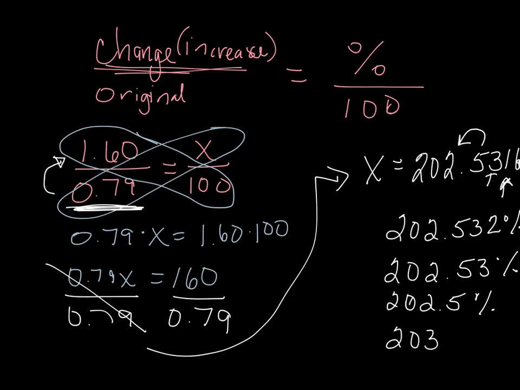That would be 203%. You don't even have to write all 4 of these in your notes, completely up to you, but any one of these would be correct, depending upon where you rounded your answer to. So, again, our gas increase was about 203%.